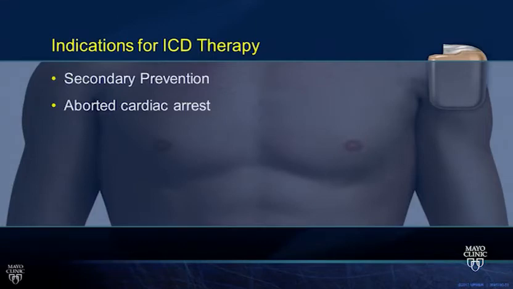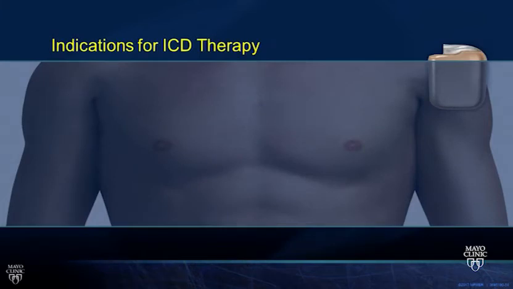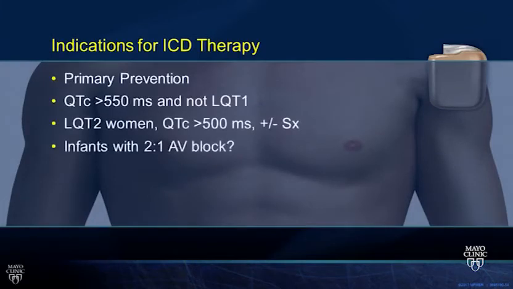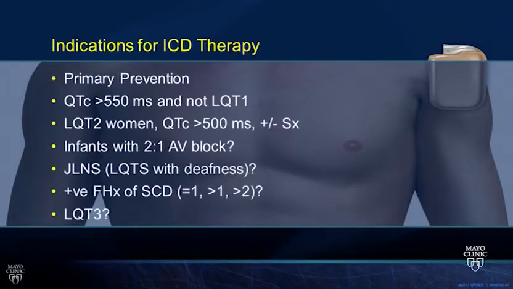When we predict the future in an asymptomatic host, we seldom need an ICD, but the situations where we will use one in a class 2 indication is a really long QT interval, over 550, and not LQT1. We don't wait for you to get quite that long above 550 if you're an LQT2 woman.